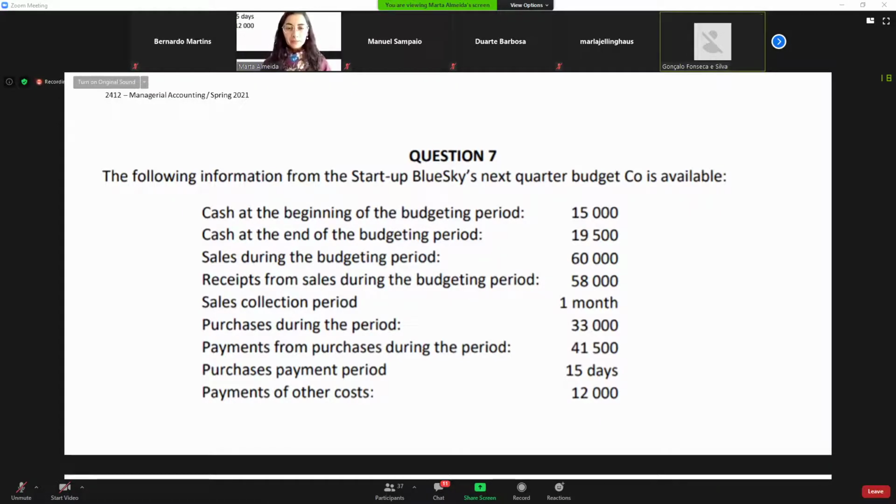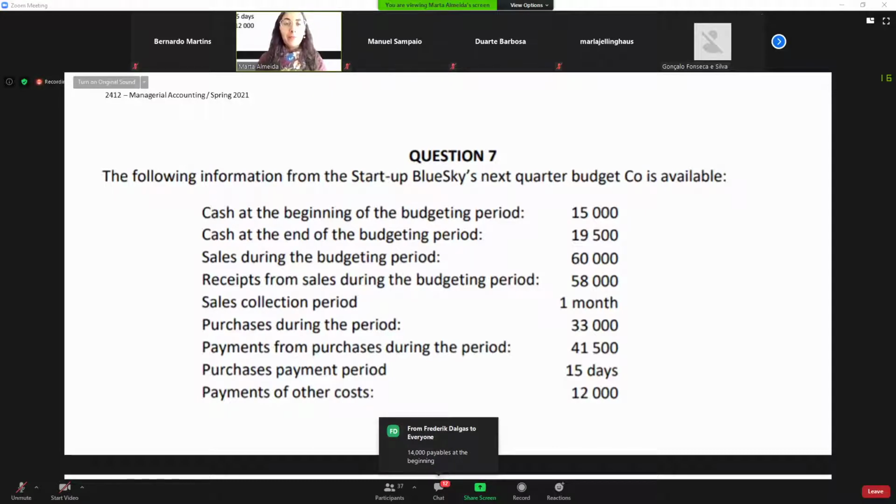And so we have to basically assume that one of those 2 week payments will be at the end of the period, right? Okay, so we already know how much will be the amount of payables at the end of the period.